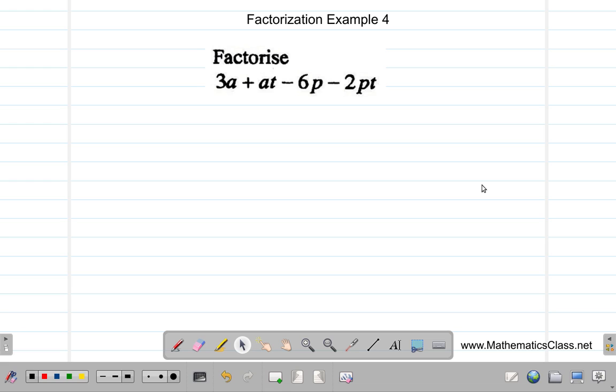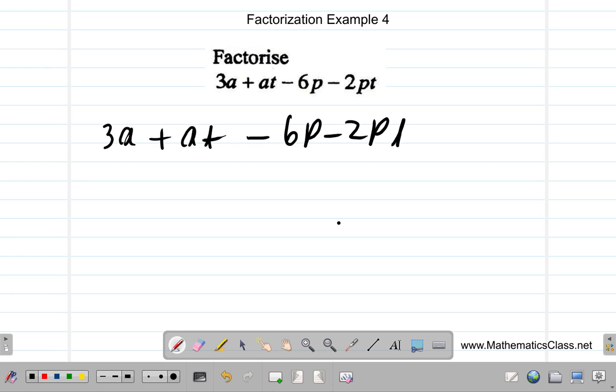Let's see how it goes. What we have here is 3a plus at. So we see a as a common factor so far. Minus 6p minus 2pt.